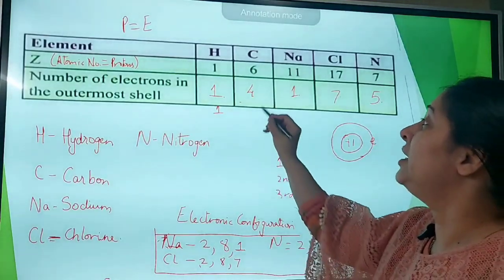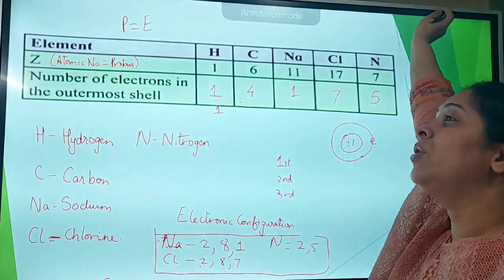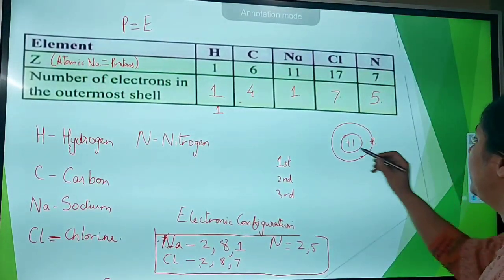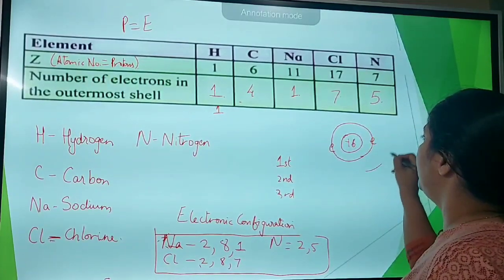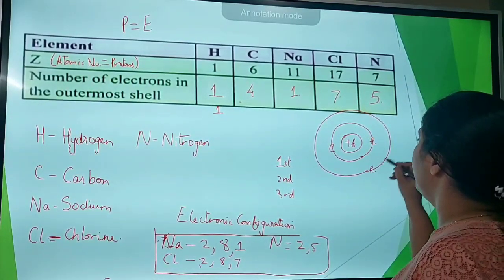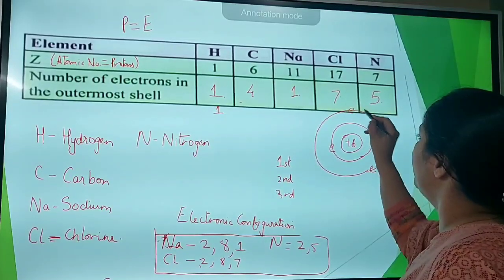यहां पर देखते हैं, it can either give away 4. Now कार्बन है, कार्बन का 6 है, ये रहे 2, ये 6 है ना, ये है 2, बाकी के बचे 4, 1, 2, 3, 4.